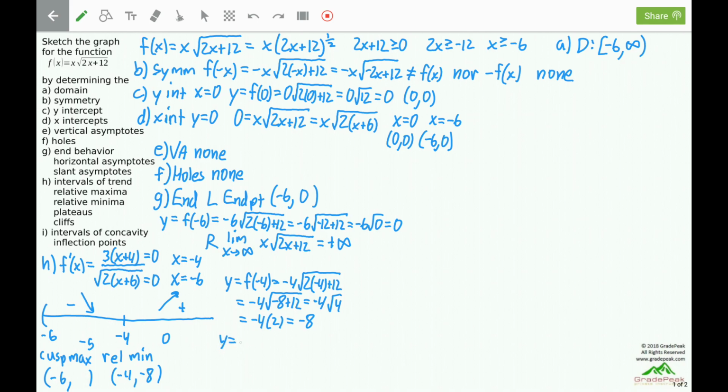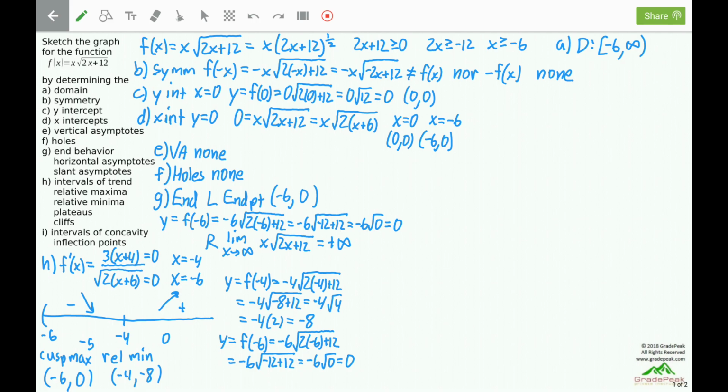So y equals f of -6, which is -6 times the square root of 2 times -6 plus 12, which is -6 times the square root of 2 times -6 is -12 plus 12, which is -6 times the square root of -12 plus 12 is 0. Square root of 0 is 0, times -6 will be a 0. We have a corresponding y-coordinate of 0.